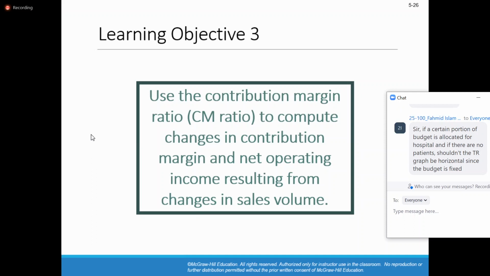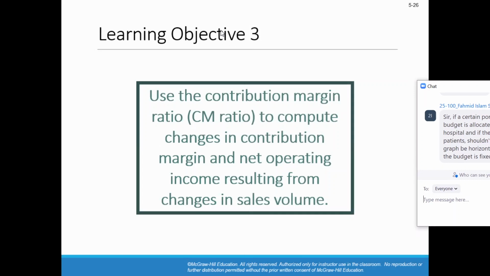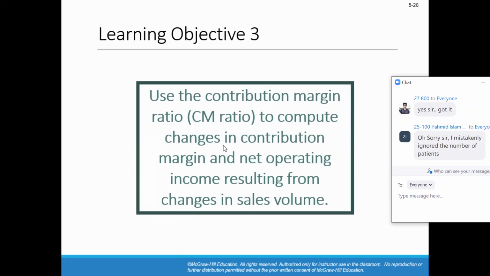So I see our time is up. So we will look at our learning objective 3 in the next class. This is a big chapter, big contents, so it will take 3 or 4 classes to understand this one.